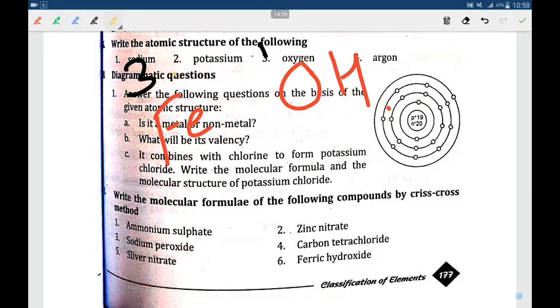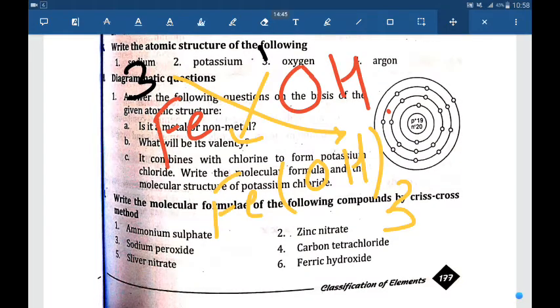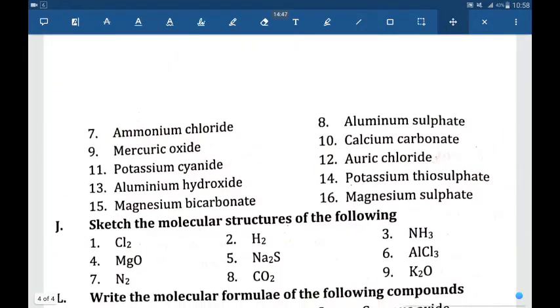Students, criss cross. Then you can get here Fe(OH)3. Done? Okay, that is ferric hydroxide. Now friends, let's go to another one.